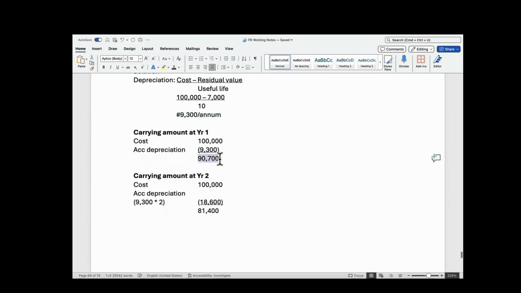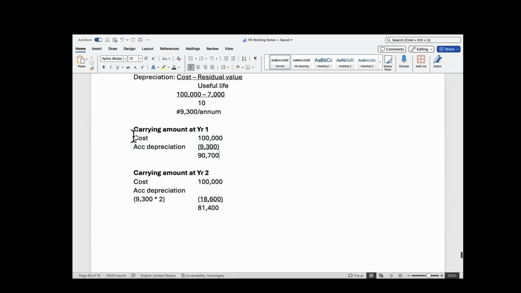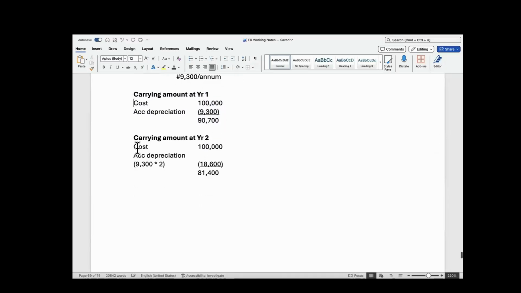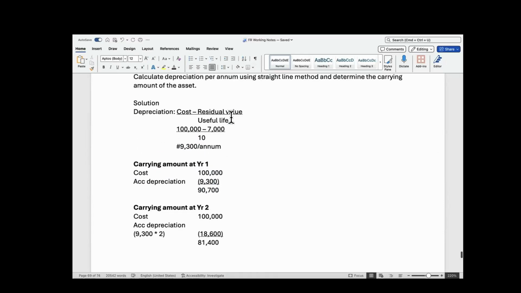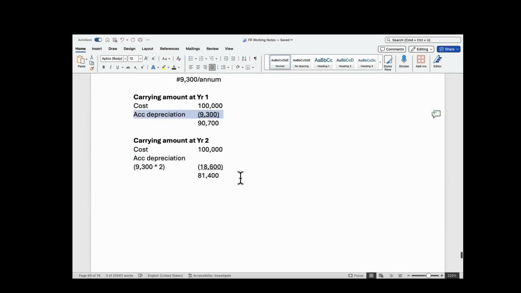The carrying amount is what goes to the statement of financial position, and you reference the workings you have done. But as you can see, in each year, the cost of the asset remains the same, meaning your asset account remains at 100,000. It does not change. What I'm reducing is in a separate account entirely.